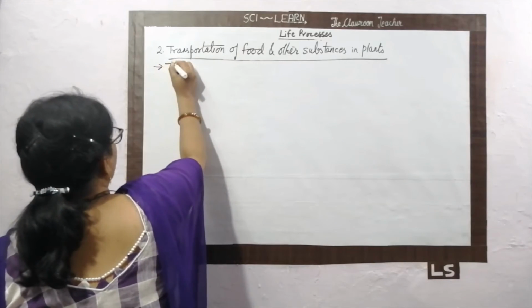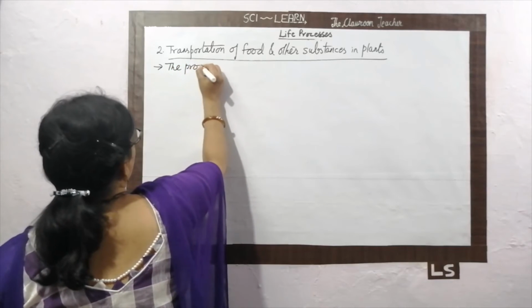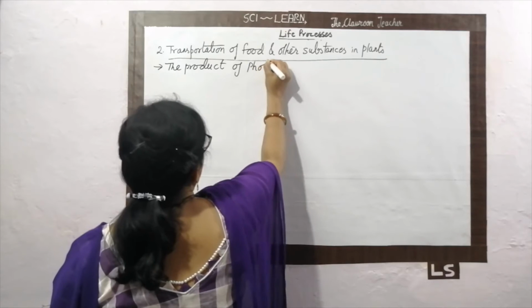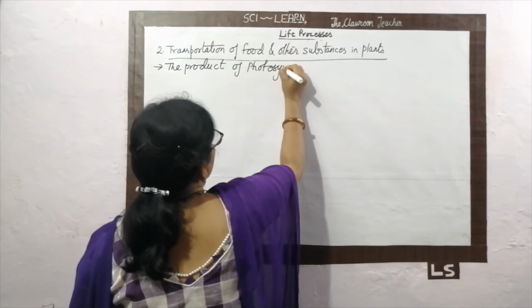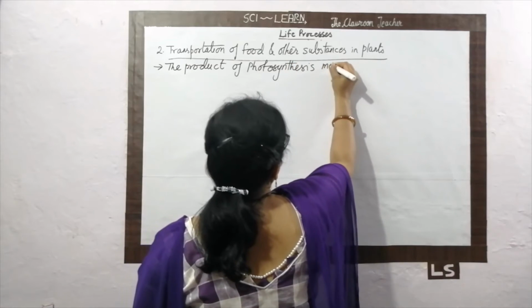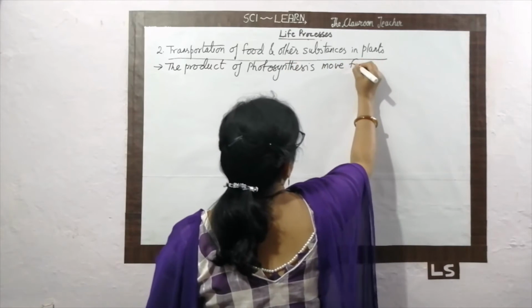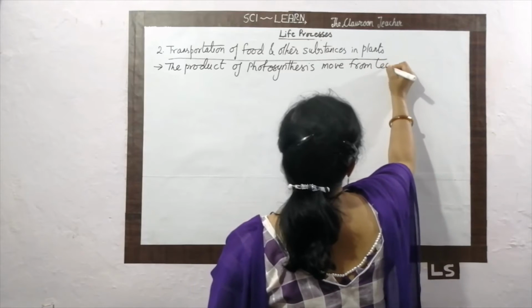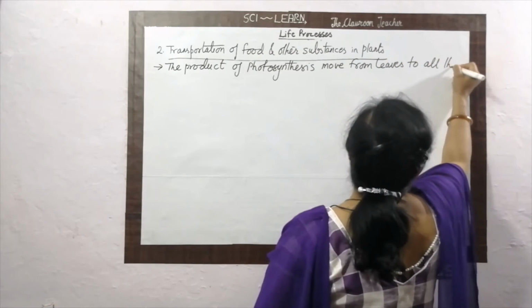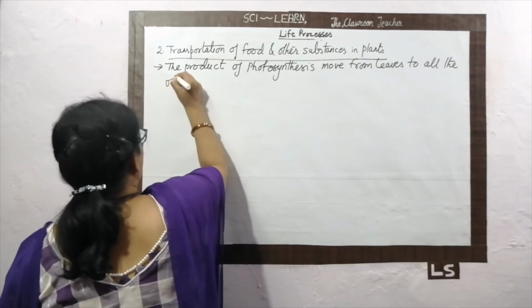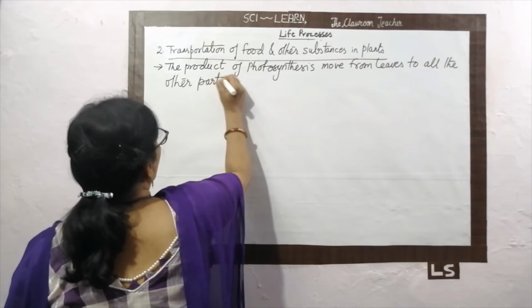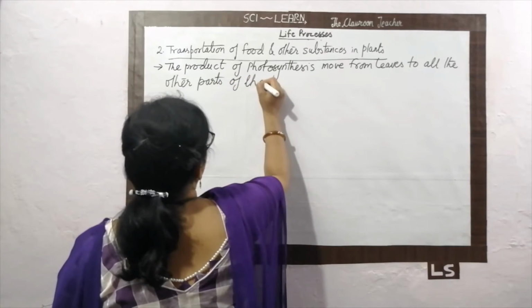The product of photosynthesis moves from leaves to all the other parts of the plant.